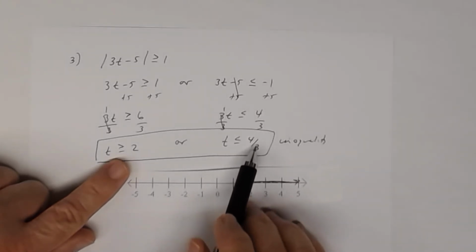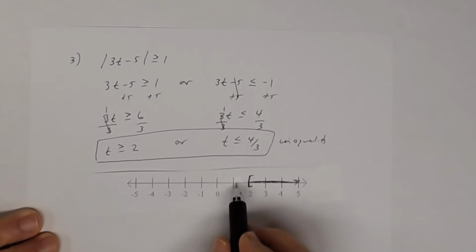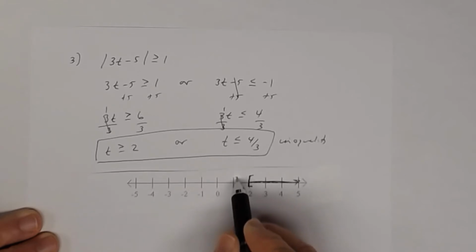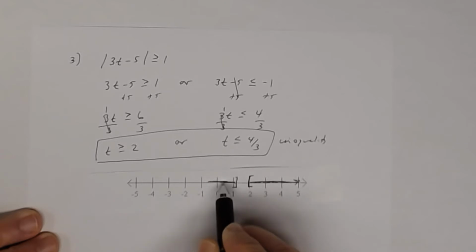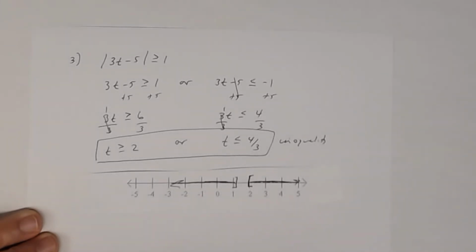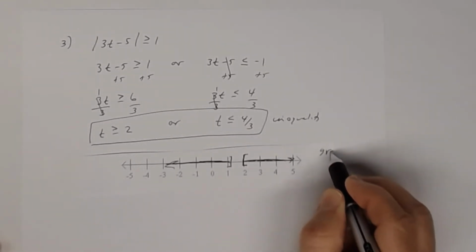Over here, now make sure you estimate where 4/3 is. So 4/3, remember, is 1 1/3. So here's 1. So let's say 1 1/3 is about here. So see the equal sign? So we need a bracket, just like this, about like this. And then you're going to shade in all numbers that are less than that. Don't forget to put your arrow. All right, so this is your graph right here.